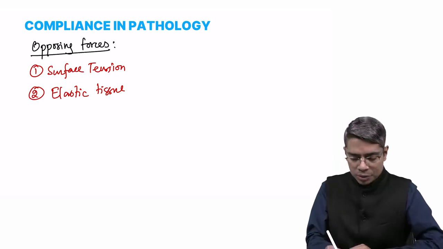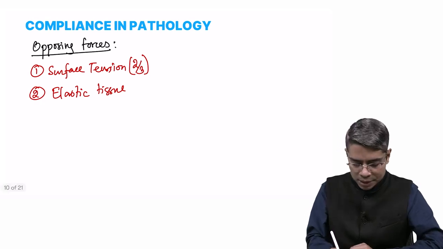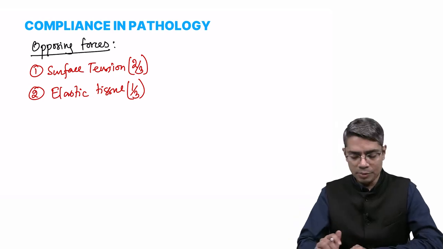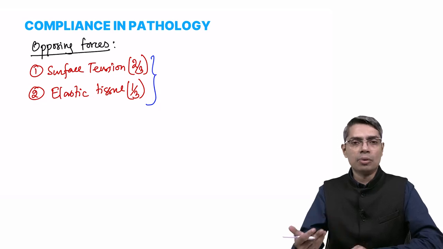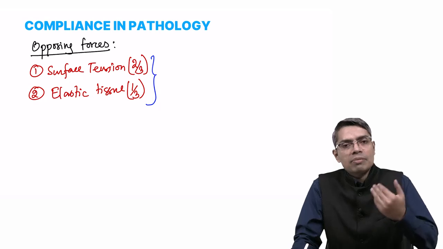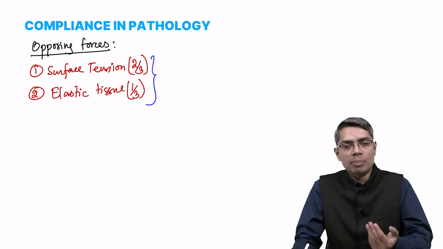Between these two, surface tension is responsible for 2/3 of the opposing forces and elastic tissue is responsible for 1/3 of the opposing forces. Now tell me, if these opposing forces are more, what will happen to compliance? Compliance will be low.